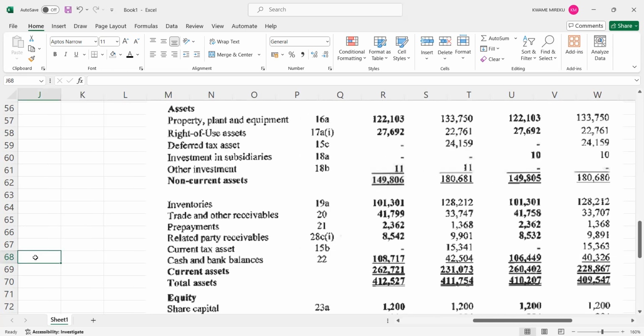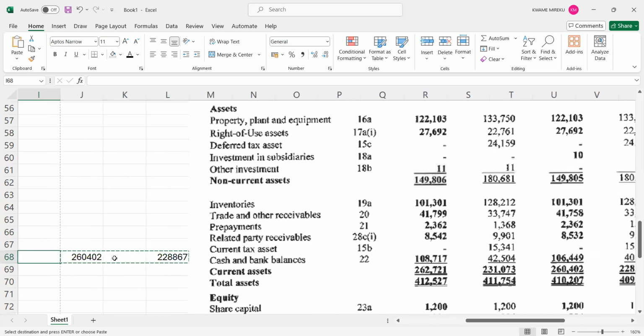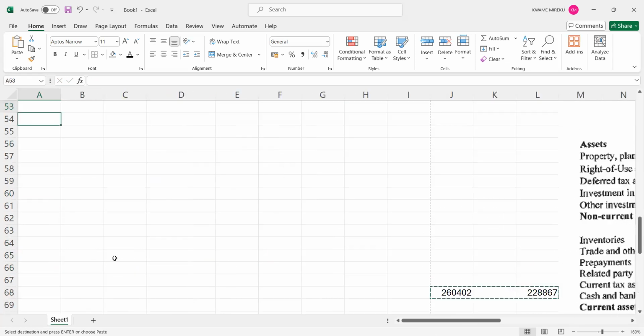The current assets are 260,402, then 228,867. Let me just copy them. For our next discussion, I have everything on the Excel sheet, so just be matching the Excel sheet.